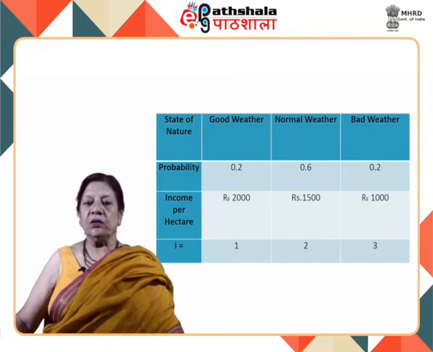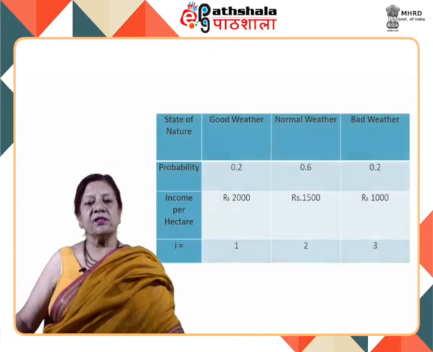I is equal to 1, 2, 3. In this case, the expected outcome is rupees 1500 and the standard deviation is rupees 316.23 per hectare. Here, the expected outcome of the prospect is smaller, but so is the average deviation from it and hence the risk.